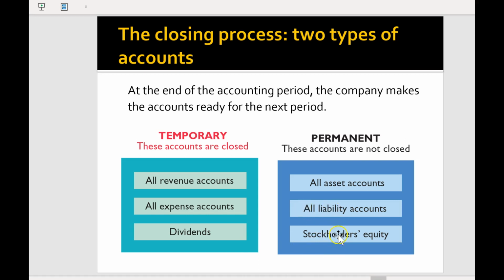Okay, so this is the part that connects the temporary accounts and the permanent account, which means when we reset these accounts to 0, we are not just wiping them out. They are carried over in the retained earnings account. They are not wiped out to nothing.